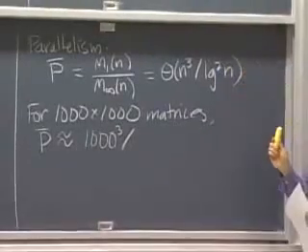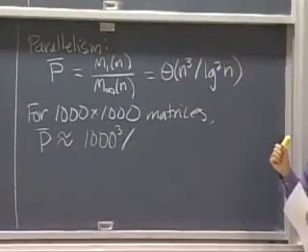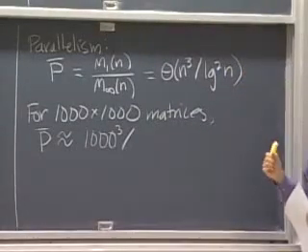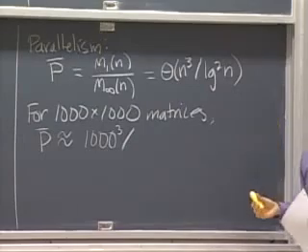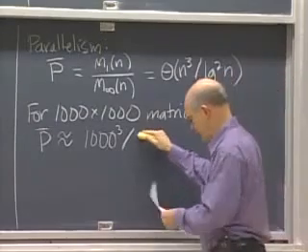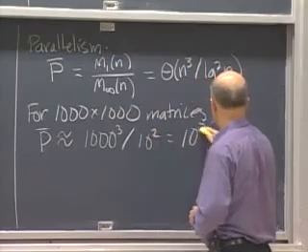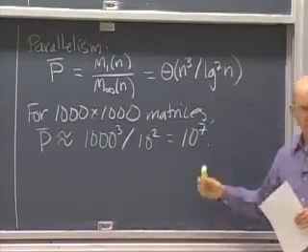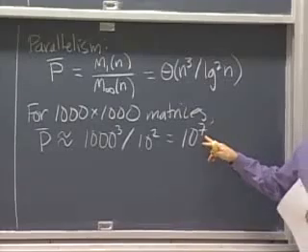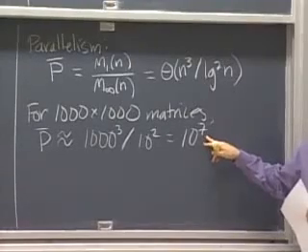What's log of 1,000? 10, approximately. Log base 2 of 1,000 is about 10, so that's 10 squared. So you have about 10 to the 7th parallelism. How big is 10 to the 7th? 10 million processors.